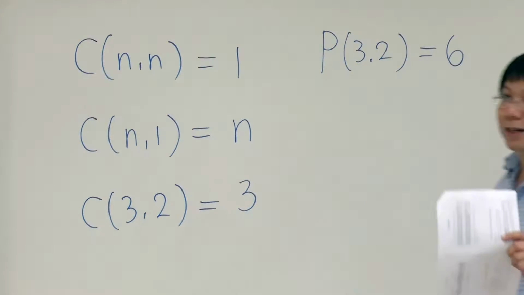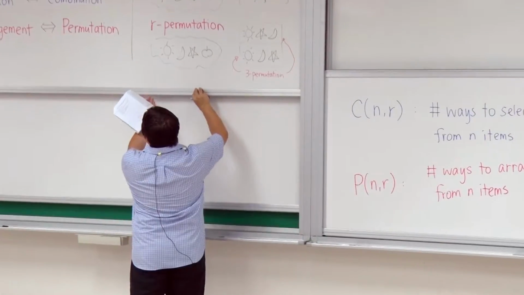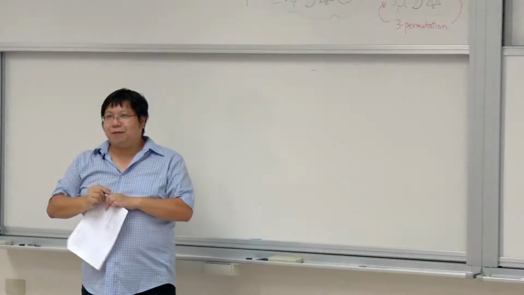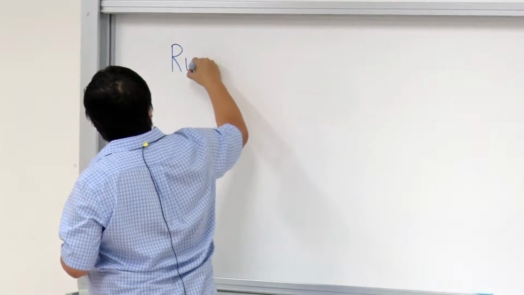So amazingly, we can do so by using two simple rules. They are so simple that there is no proof. You just believe it. So there are two rules we want to talk about, and you can call them the fundamental rules of counting. So we have two rules.